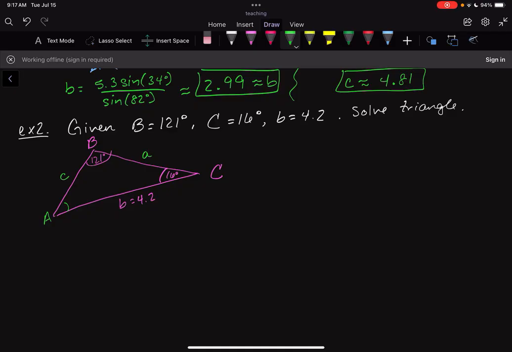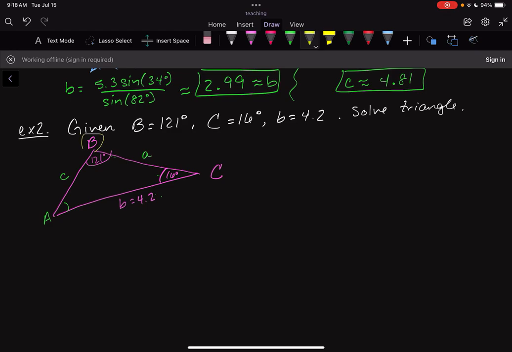Now we actually have some options here. And this is the angle side case. So we're being given an angle, and then a side. We do have two angles, so we could just go find that third angle right away. That is probably what I would do.